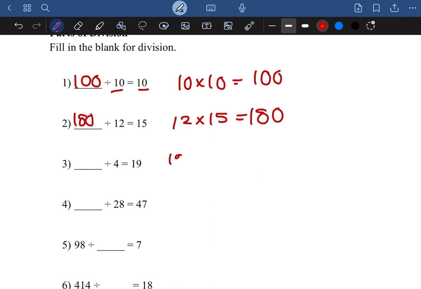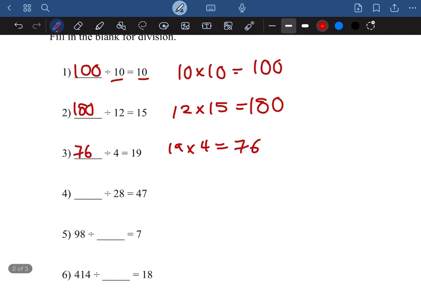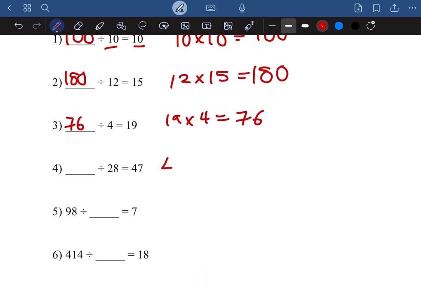So again, multiply 19 times 4. 19 times 4 is 76. Number 4. 47 times 28, which is 1,316. So that will be your answer for number 4.